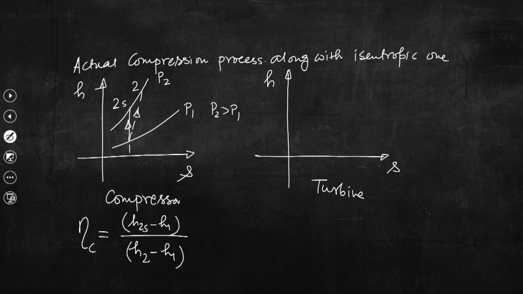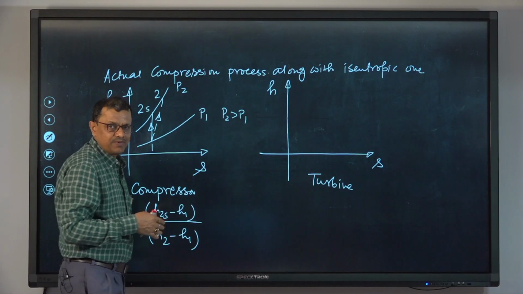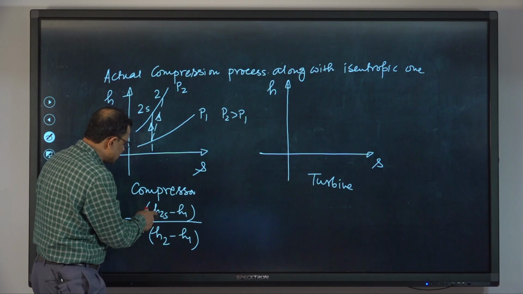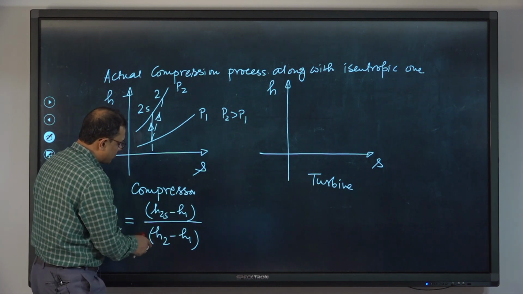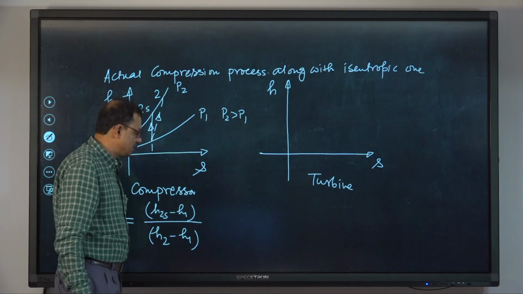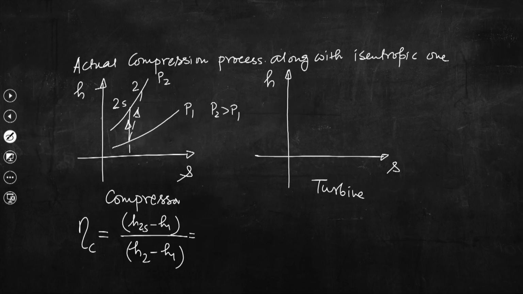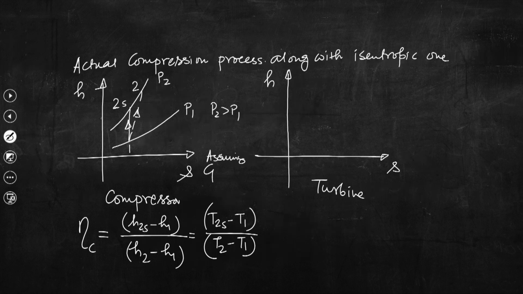If we assume that the specific heat of air remains constant, then we can write this as T2s minus T1 divided by T2 minus T1, assuming Cp of air is constant.